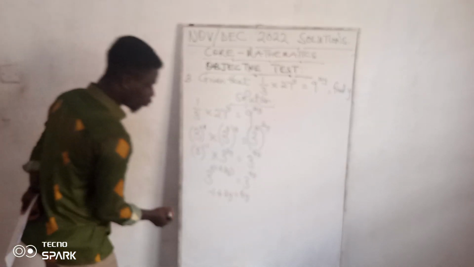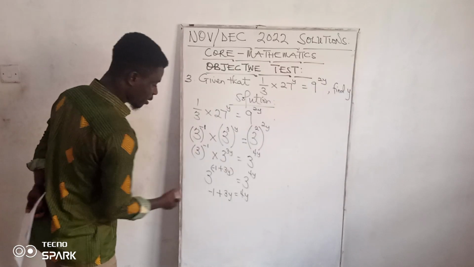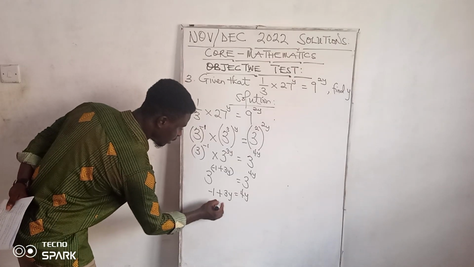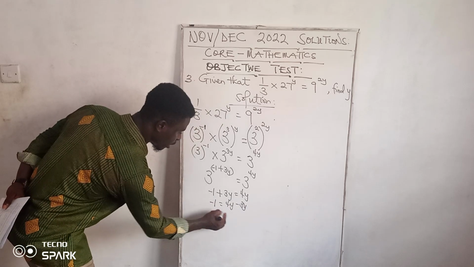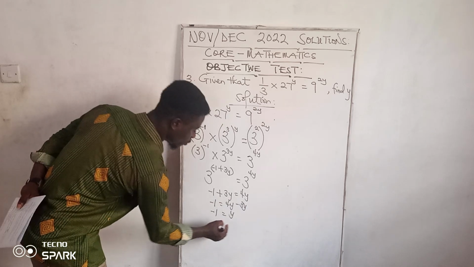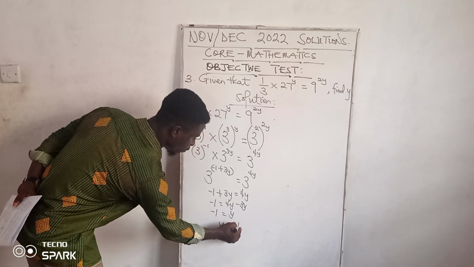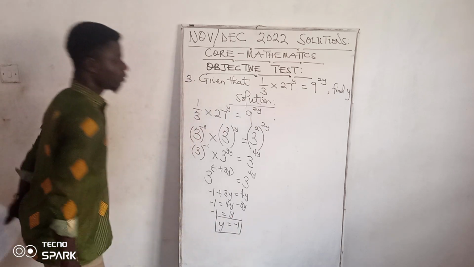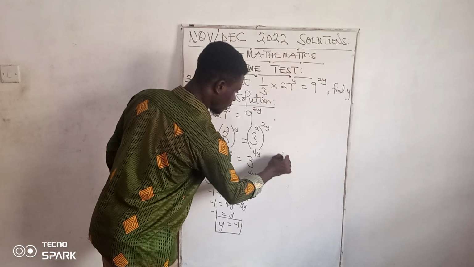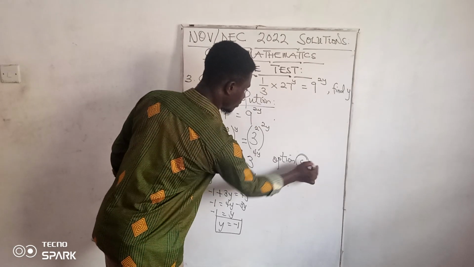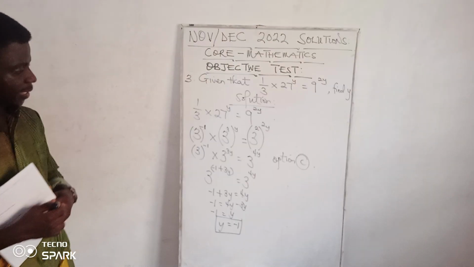So we can group like terms since we are looking for y. So negative 1 equals 4y minus 3y. So negative 1 equals y. Therefore y equals negative 1. So now this one is option C.